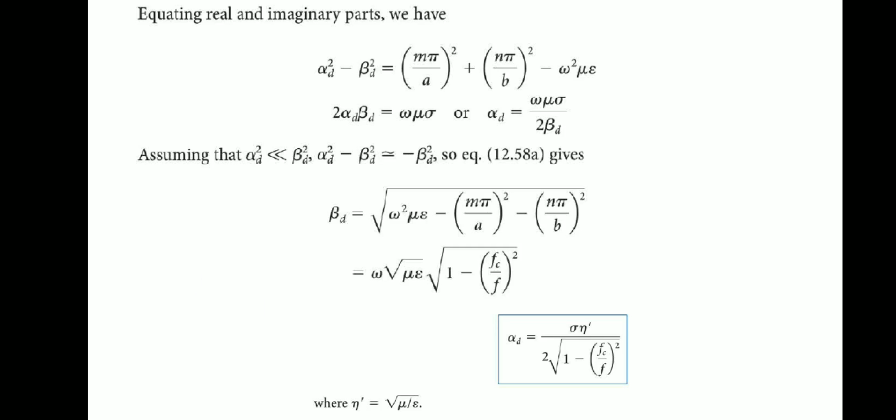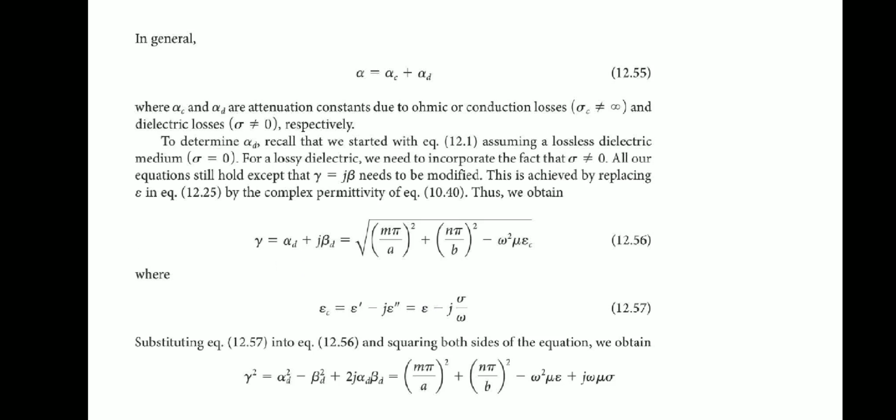Then we equate the real and imaginary parts on both sides. The real part is alpha d square minus beta d square equal to (m pi by a) whole square plus (n pi by b) whole square minus omega square mu epsilon. Equating the imaginary part, we get 2 alpha d beta d equal to omega mu sigma.